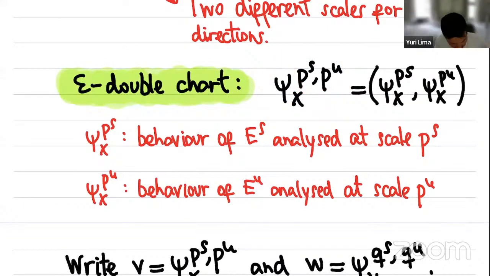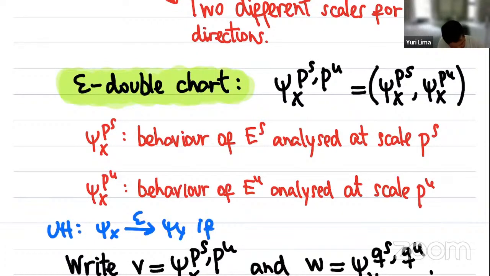Okay, so now, since I defined these charts, I want to define when I can pass from one chart to another chart by the action of F. We defined this in the uniformly hyperbolic situation. Recall that we consider psi x going to psi y in the uniformly hyperbolic situation if you have the proper overlaps.